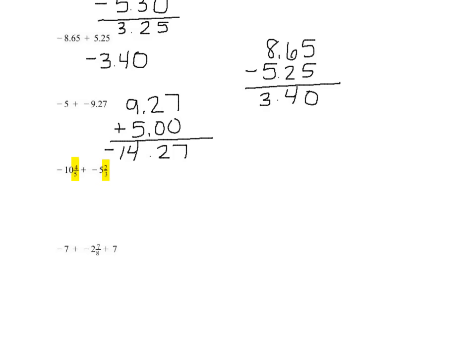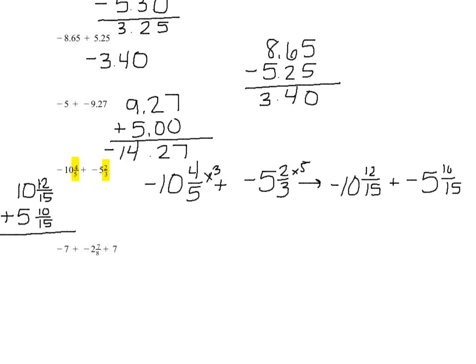Since finding common denominators is a review skill, I would like you to try and find your own common denominator, and then once you hit play, you'll see which common denominator that I chose. All right, I chose a common denominator of 15, so 10 and 4/5 went to 10 and 12/15, and 5 and 2/3 went to 5 and 10/15.